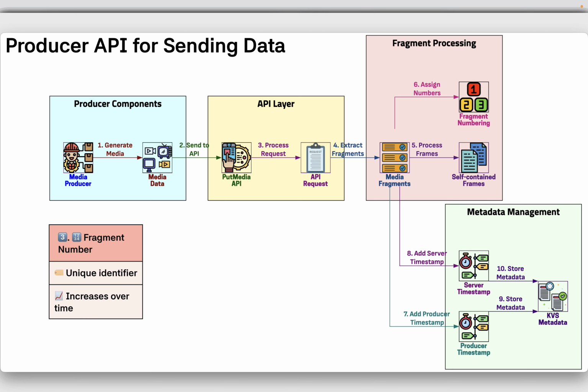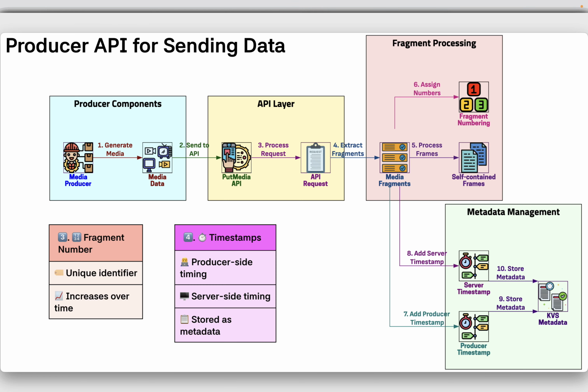As fragments arrive, Kinesis Video Streams gives each one a unique fragment number, which increases over time. Kinesis Video Streams also stores producer-side and server-side timestamps for each fragment. This is stored as Kinesis Video Streams specific metadata.